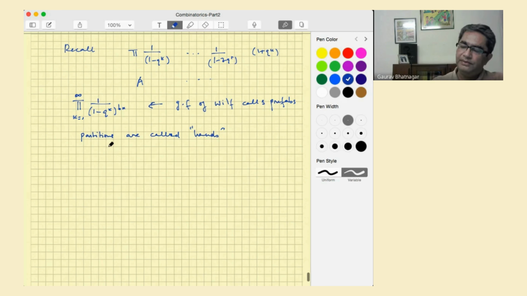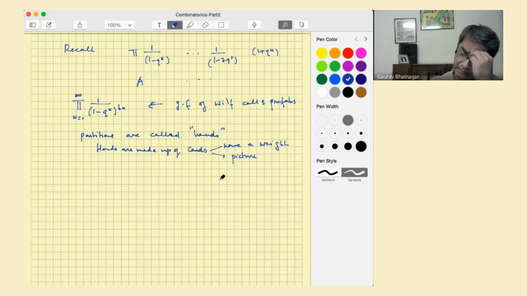Hands are made up of cards, and cards have a weight and a picture associated with them.